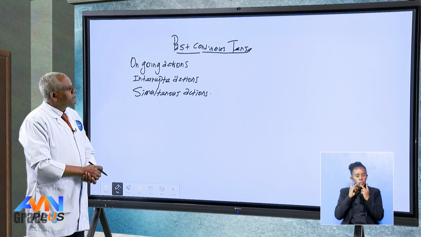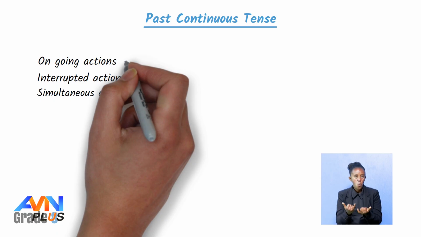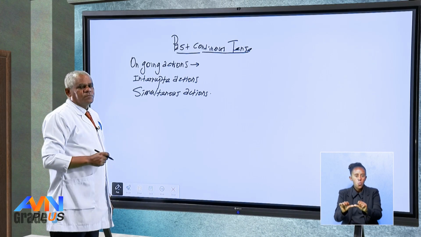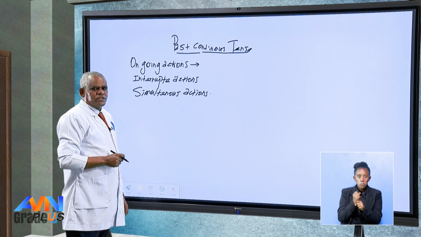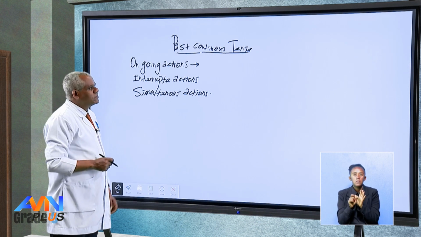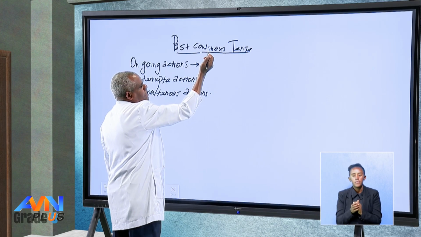Look, how do you use past continuous tense? Now let me start from the first one. Ongoing actions, what do I mean by that? I would like to show you one sample example here now. You are welcome to say that, right?